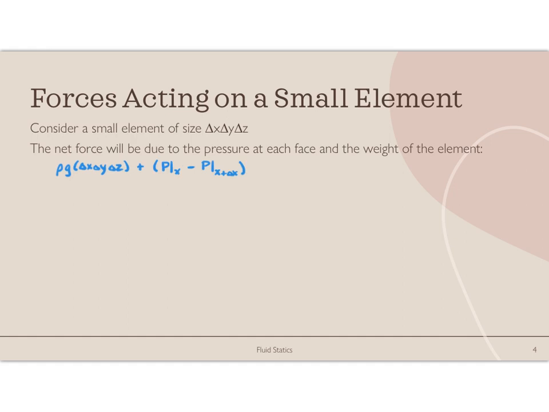They are acting in the x direction, so that's going to be the e sub x direction. And the size of that face is going to be delta y, delta z. And I can do this for each of the others.